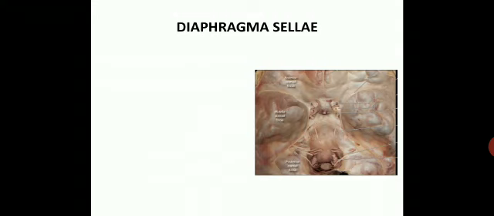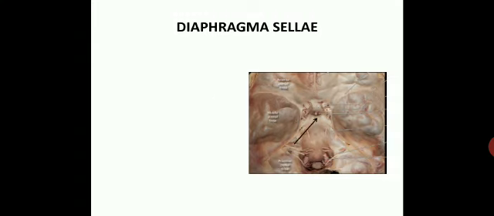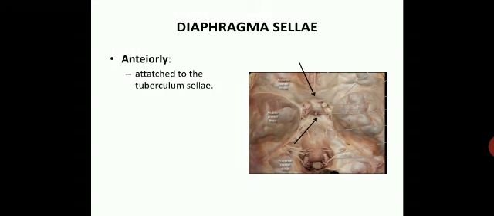Next is the diaphragma sellae. It is a small circular and horizontal fold of dura mater. It forms the roof of the hypophyseal fossa. Anteriorly, it is attached to the tuberculum sellae. Posteriorly, it is attached to the dorsum sellae.